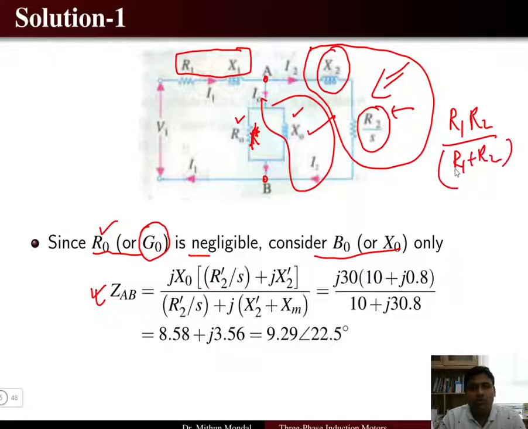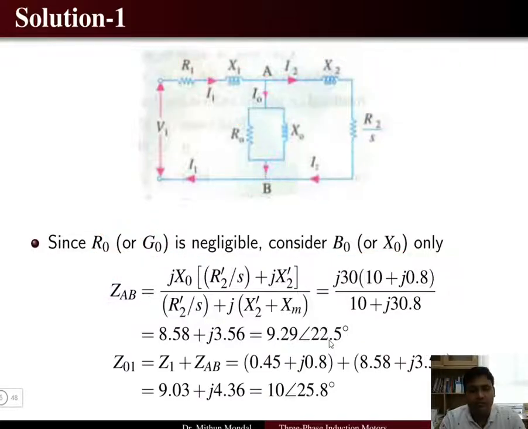Putting the values of the susceptance, the load resistance referred to the stator side, the reactance referred to the stator side, and the resistance and reactance on the stator side, we will get the impedance as 9.29 angle 22.5 degree.